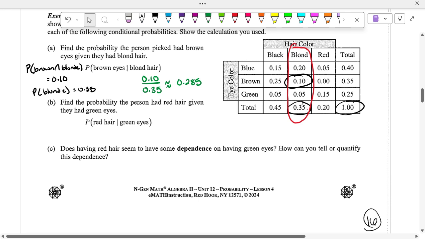All right, take a minute, try letter B on your own. Divide the probability of both happening by the probability of green eyes happening.